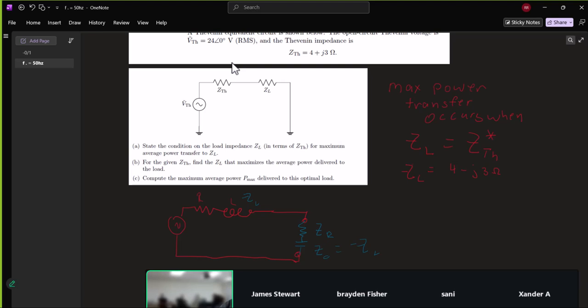Oh, I'm getting confused because I'm using L for inductor as well as for load.